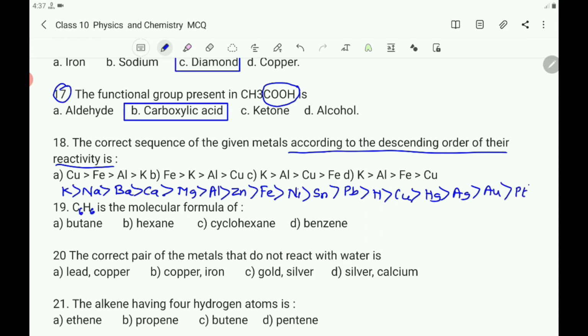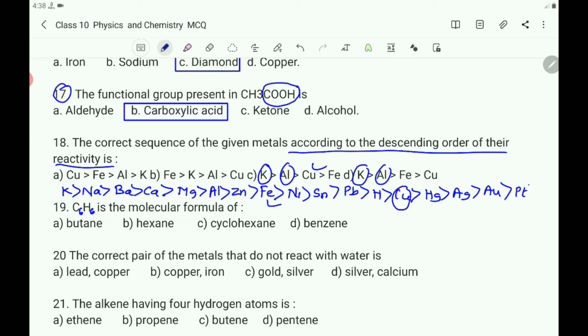Now here, you know that in which case potassium is there, and next also aluminium is there. But here among Fe and Cu, which comes first? You make out Fe comes first, after that copper.